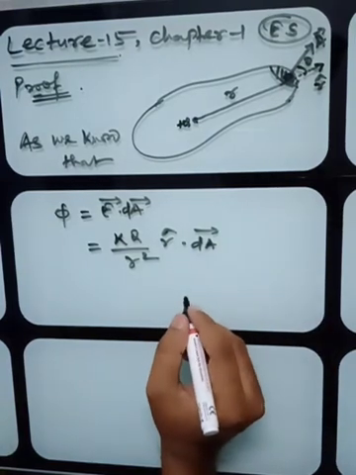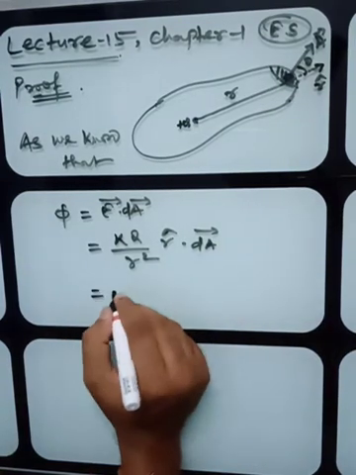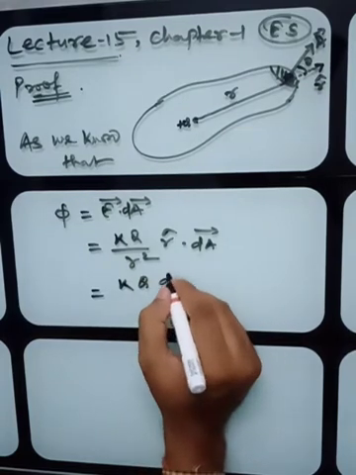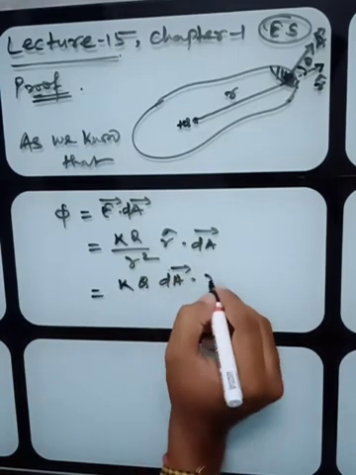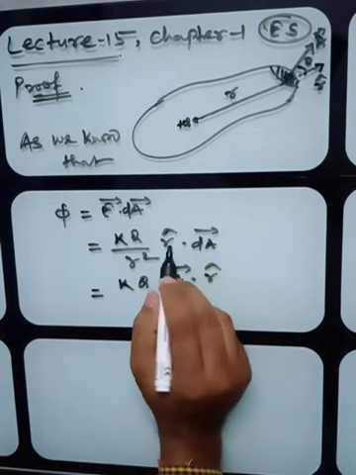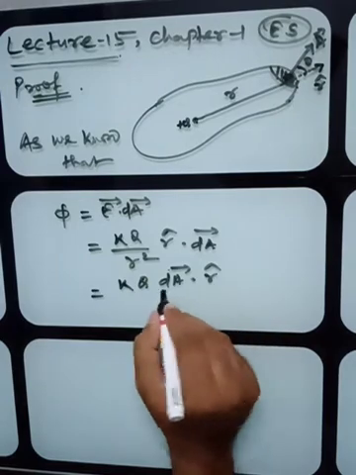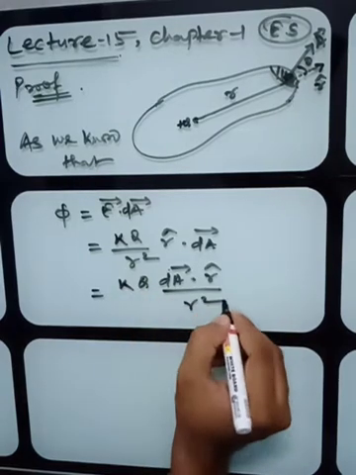All right, now we can write here k q into dA dot r cap, or r cap dot dA, since A dot B equals B dot A, divided by r square.